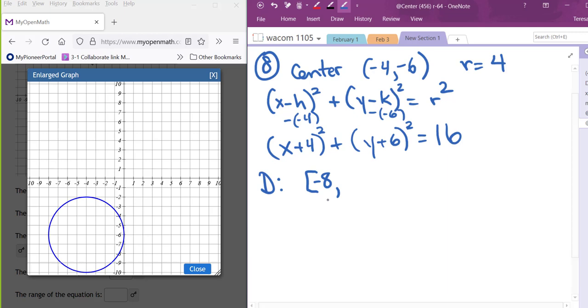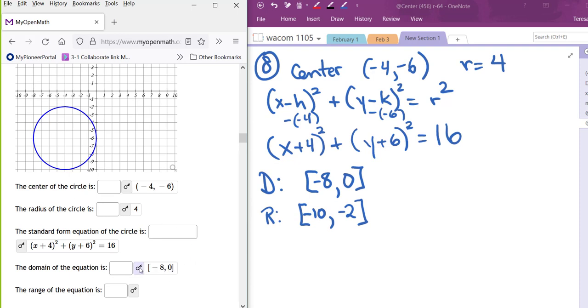The rightmost point is going to be 0, and we're touching that, right? Range, the lowest point is -10, and we're touching. The highest point is -2, and we're touching.